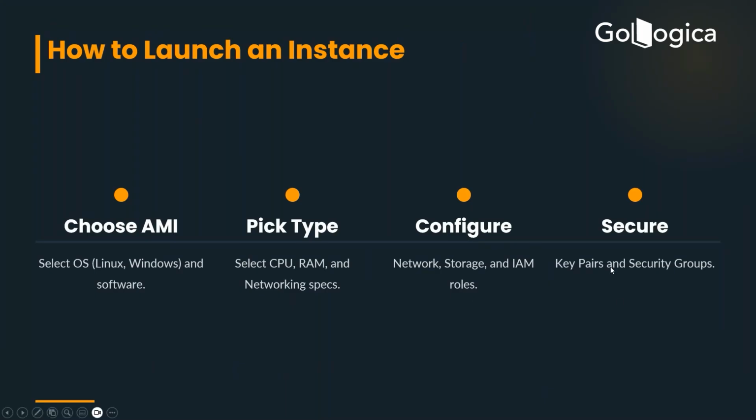And then definitely to secure your instance, we need a key pair and security group. We need the key pair for authentication to connect to our instance, to take an SSH, secure shell, connection. A key pair is a combination of a private key and a public key.